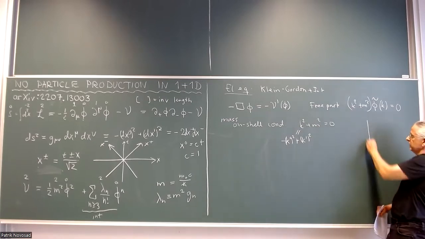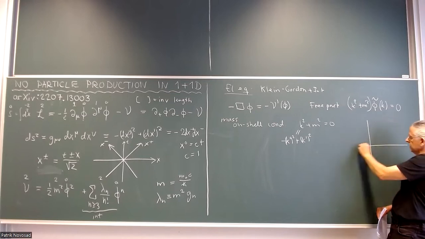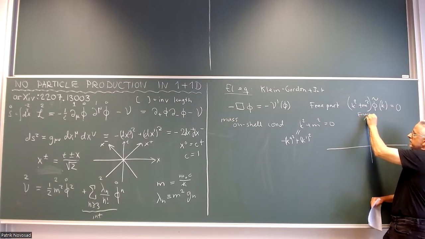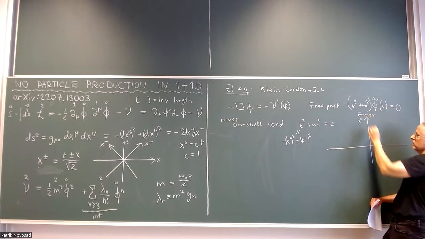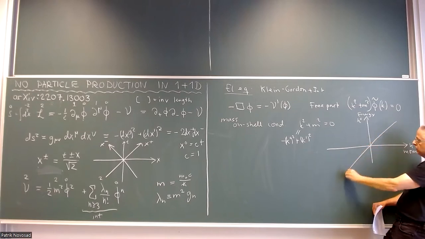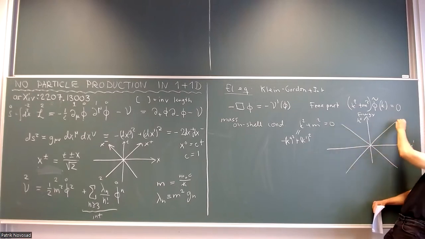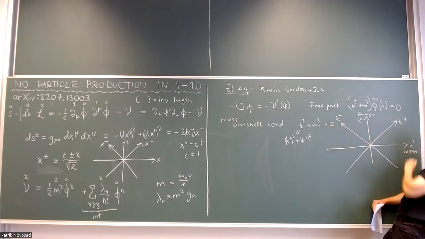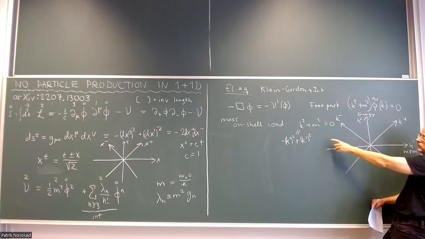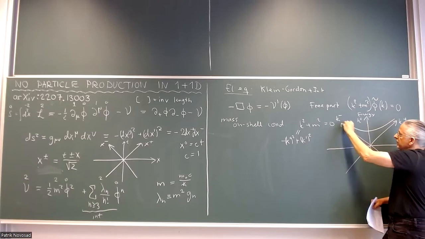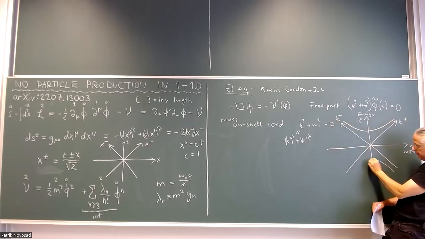So we can do another diagram here. We have energy, which is k0, and then we have momentum, which is k1, and then we have light-cone coordinates k plus and k minus, and then this on-shell condition becomes a hyperbola.